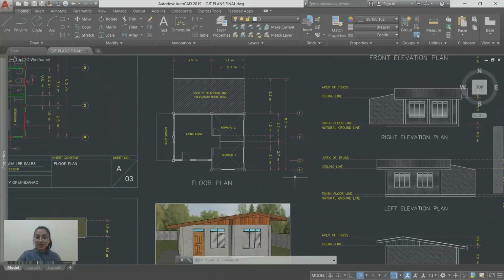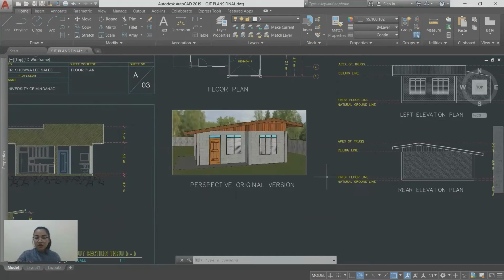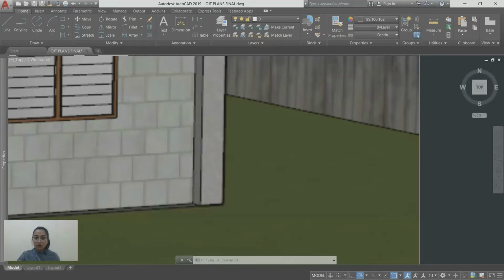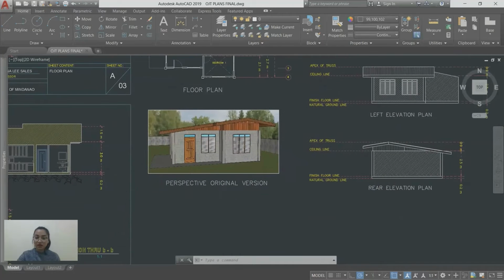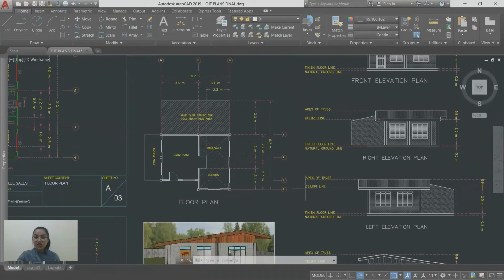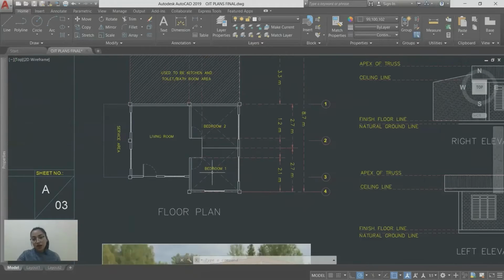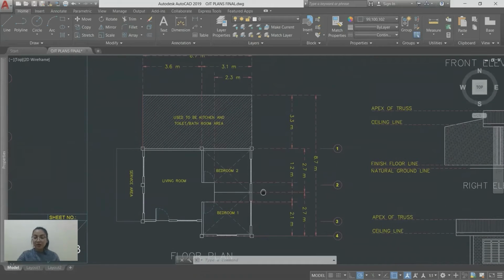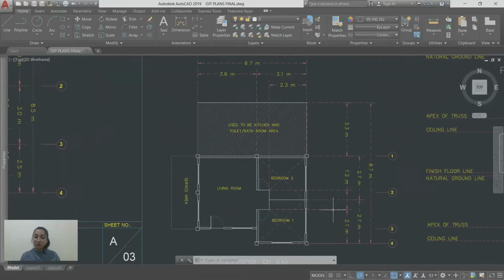So this is the original perspective, or the original version of the house. And then we have here the original floor plans. We have the living room and 2 bedrooms with a dimension of 2.7 by 3.1, both symmetrical sila.